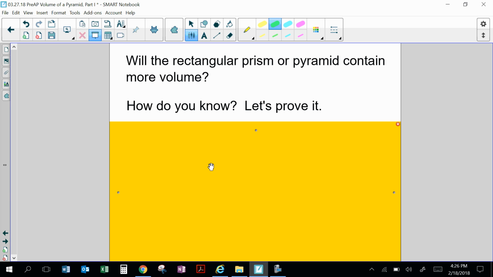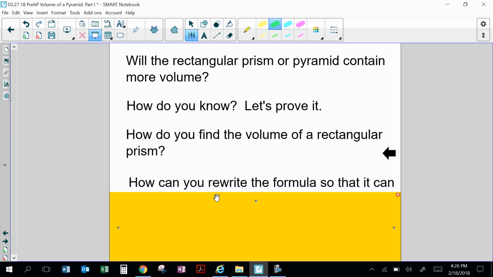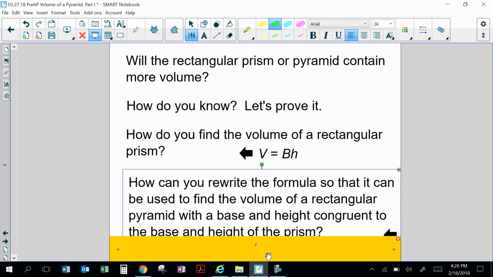Well, first of all, how do you find the volume of a rectangular prism? If you look at your mathematics chart, it says V equals BH. How can you rewrite this formula so that it can be used to find the volume of a rectangular pyramid with the base and height congruent to the base and height of the prism? Well, first of all, is a pyramid half of a prism?